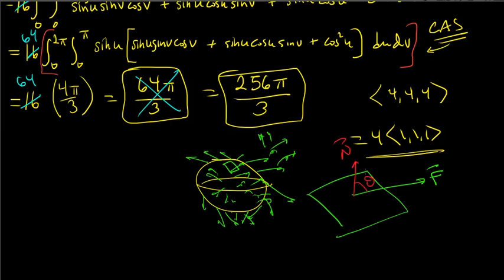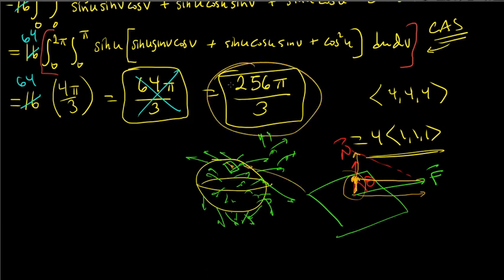Take the dot product, so cosine of theta, and you get the component normal to the surface. It's going to be very short here, since it's pointing mostly tangent to the surface, but a little bit outward, a little bit normal to the surface. So the dot product will be very small over that piece. But again, you're adding up all those little pieces, and the total flux for the whole sphere is this number here, 256 pi over 3.